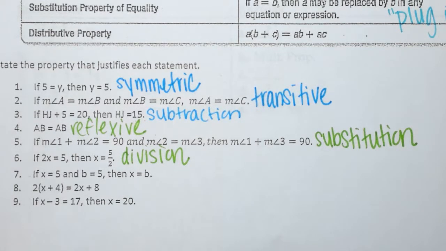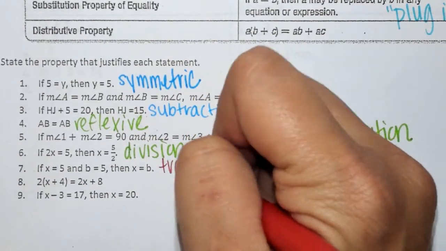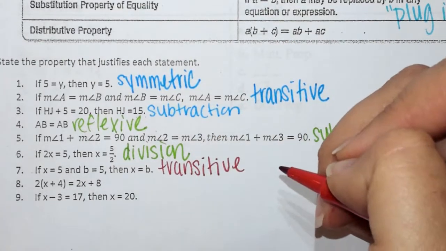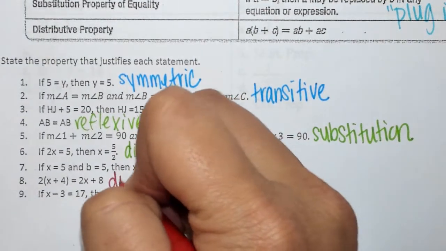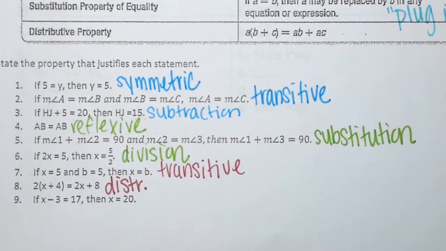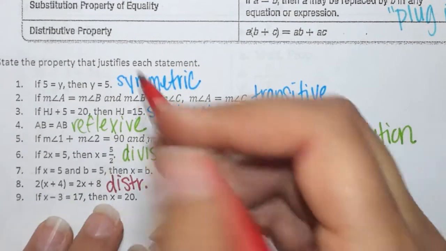Transitive. That one is transitive, because the 5's moved away and the X and B came together. Alright, what about 8? And what about 9? Addition. Take a point.